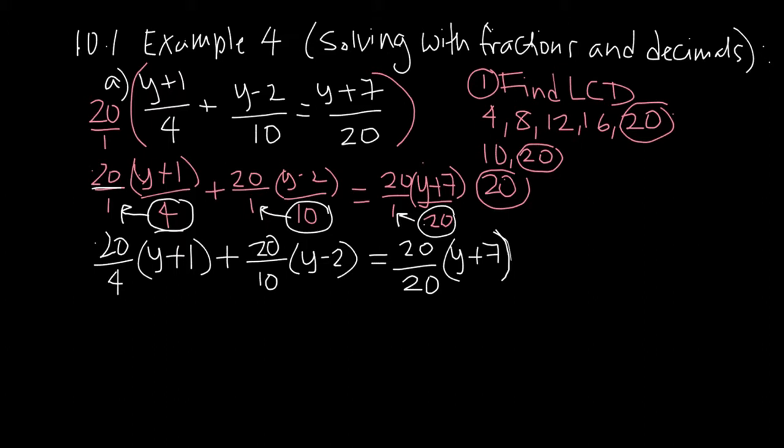So now 20 over 4, or 20 divided by 4, is going to reduce to 5 over 1, which is just 5. 20 over 10, or 20 divided by 10, is 2, so this reduces to 2 over 1, which I'm going to write as 2. 20 over 20, 20 divided by 20 is 1, so that's just 1 over 1. I'm just going to write that as 1, and then rewrite the rest.